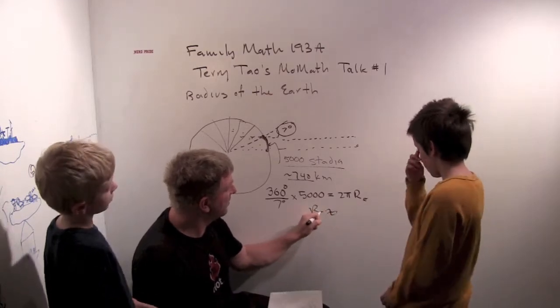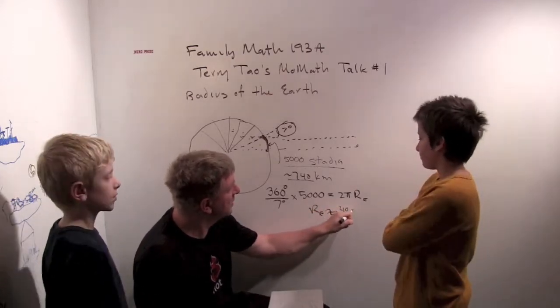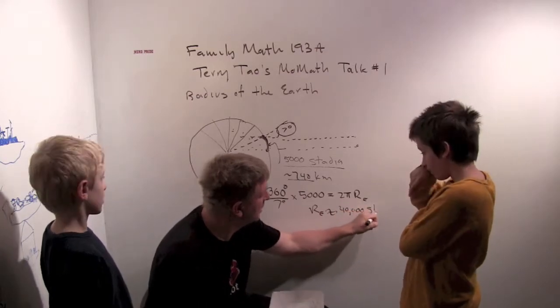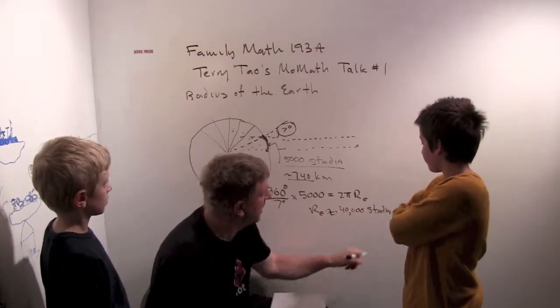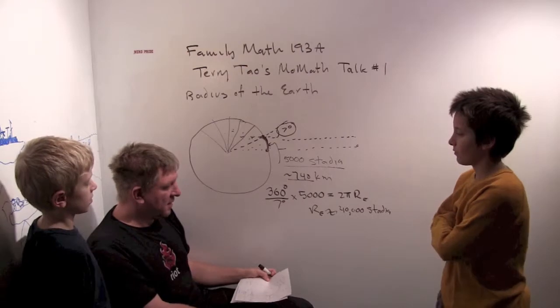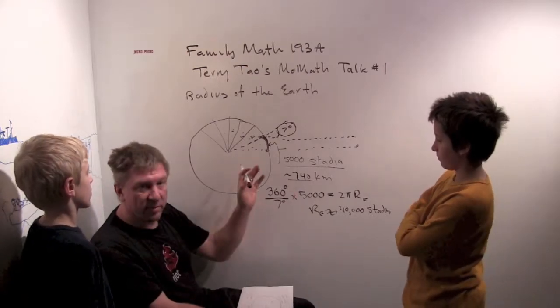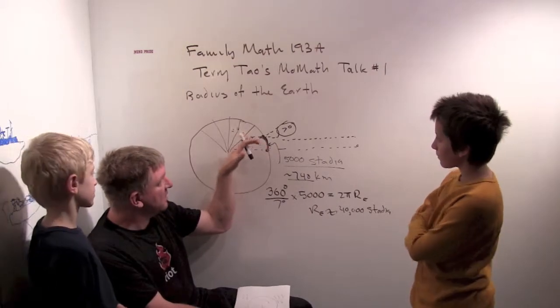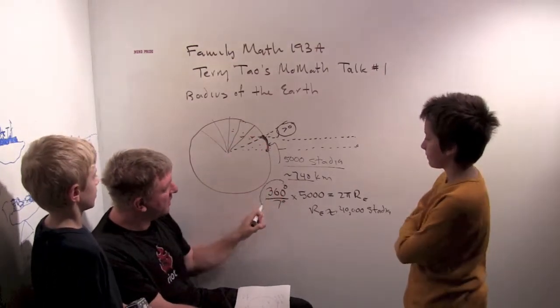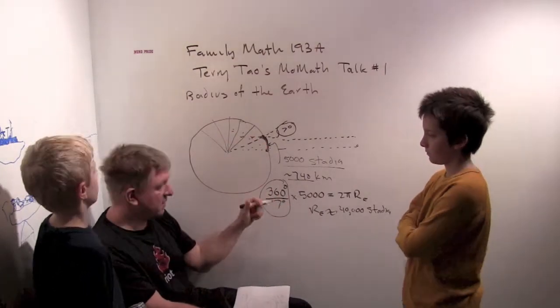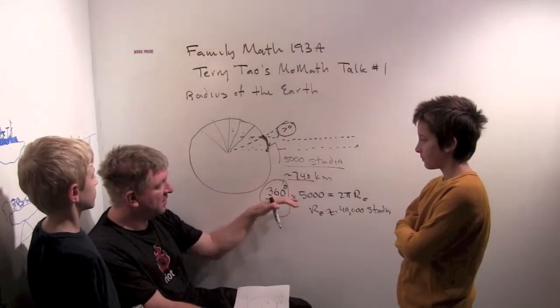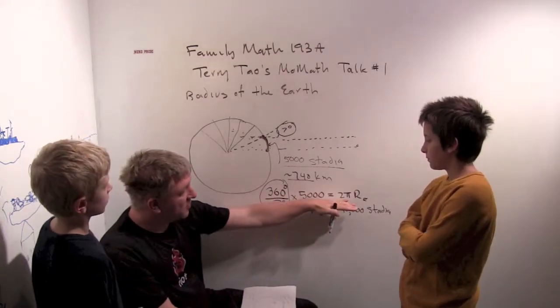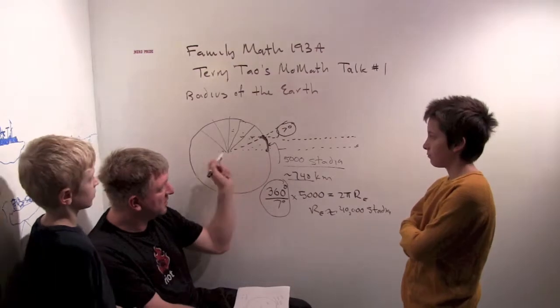The radius of the Earth is about 40,000 stadia. Now, when I do the math, I get slightly different numbers than Terry Tao got, but it's all approximating. The important idea is how you figure out how many more wedges you need. You divide 360 degrees by 7, multiply that by 5,000 stadia, and that's 2 pi times the Earth's radius.